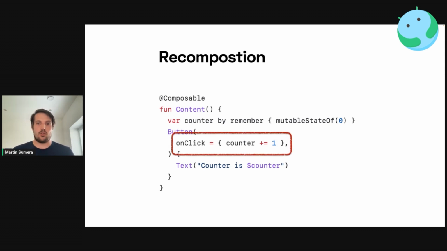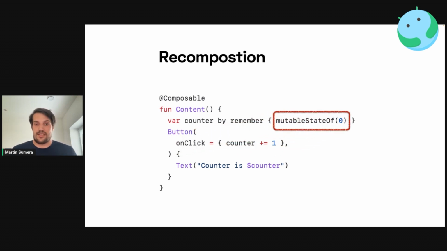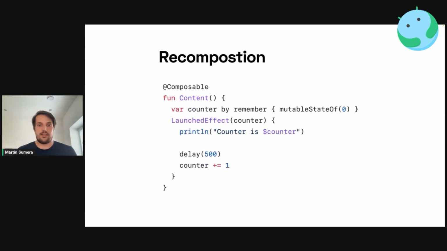Let's imagine a situation where the user performs an action. This action changes the state, which notifies the snapshot system, and then will cause recomposition of components that are reading from this state. That's a pretty straightforward thing for most Compose developers. The interesting thing is that it can work even without any other composable objects. So let's take a look at this code. It's doing a very similar thing, but without any other composable function. There is no node emitted internally, but it will still work.